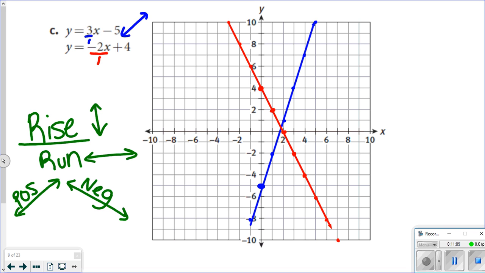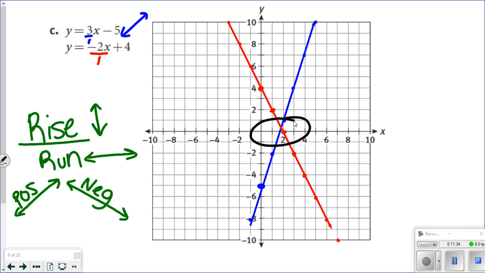And this is not a good intersection point at all. It's a decimal. Right? Like, not quite 2, and not quite a half.